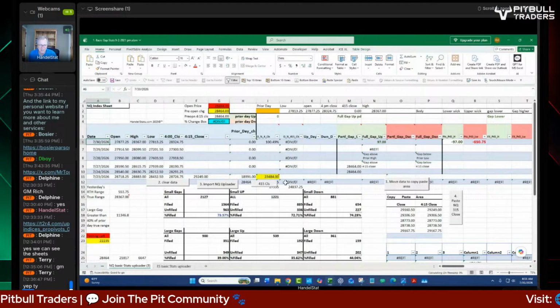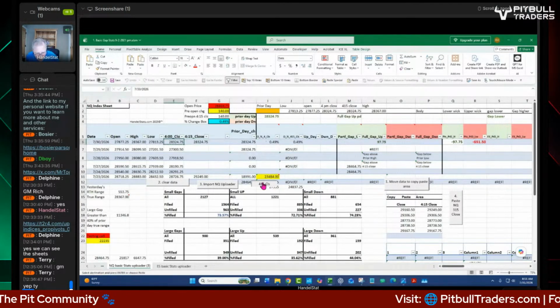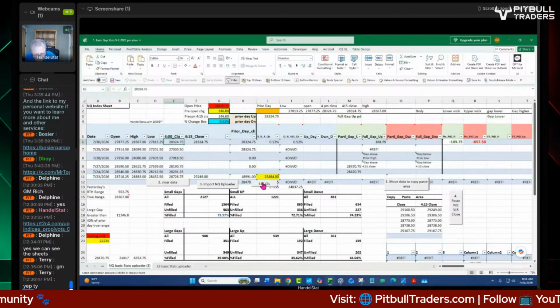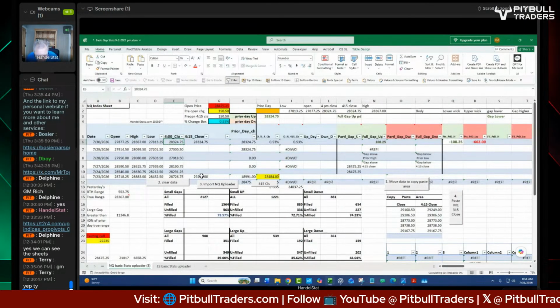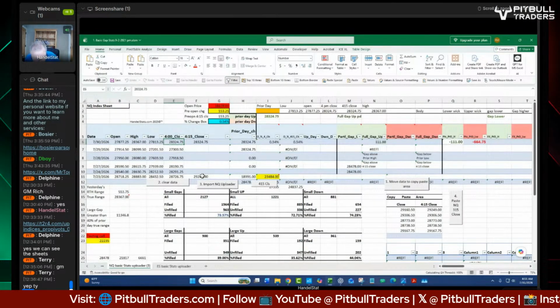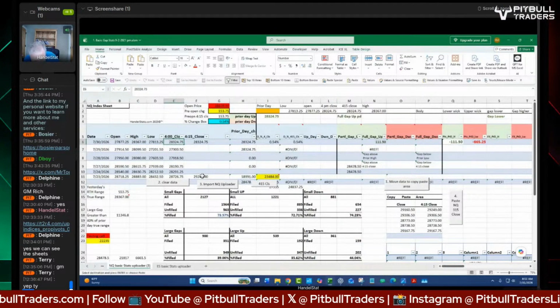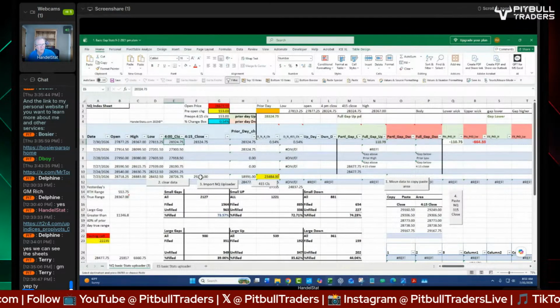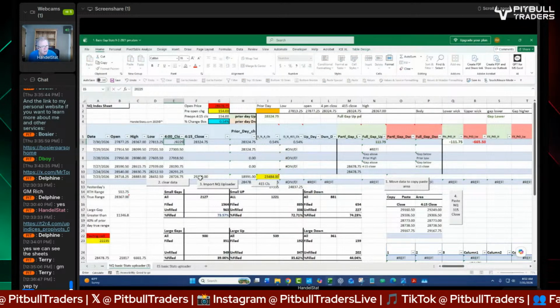And then go 415 close. And it was 28,229, even, enter.